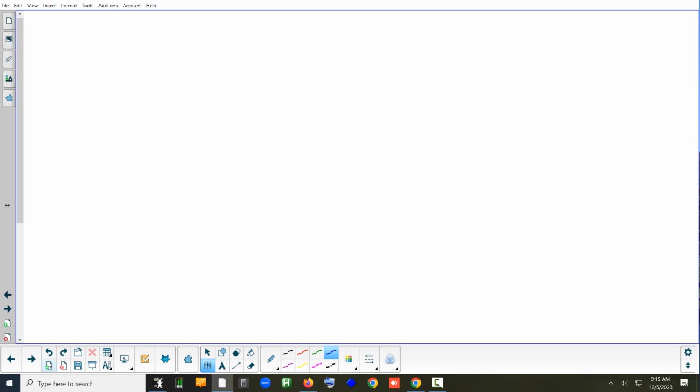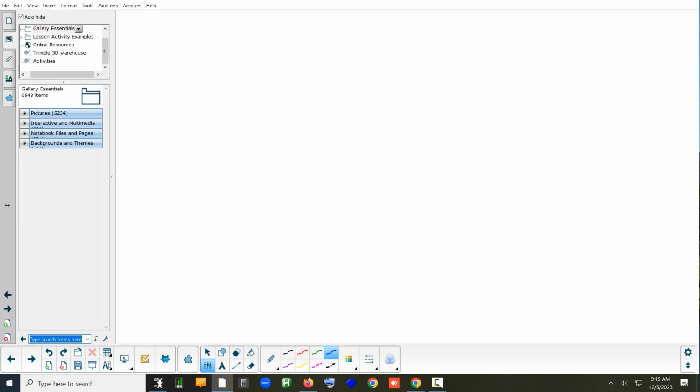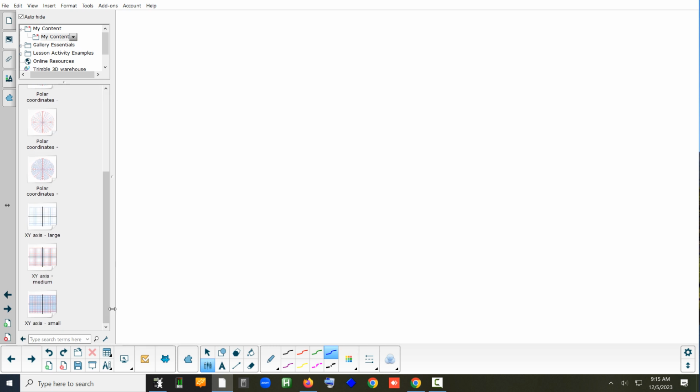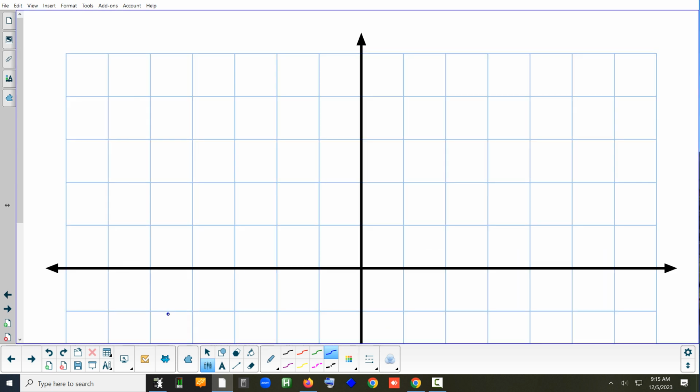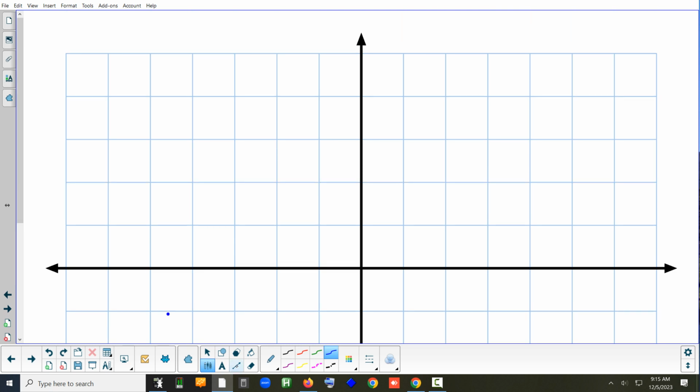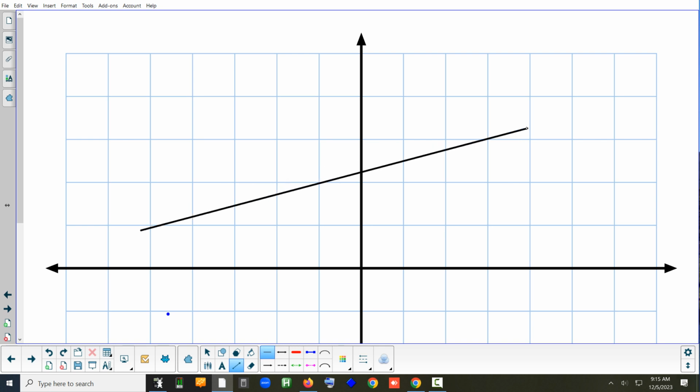Okay, so let me put up an example of that. Let's say I had, let's do that grid. All right, let me draw a line on that grid that looks like that. And I want to find the steepness of that line.